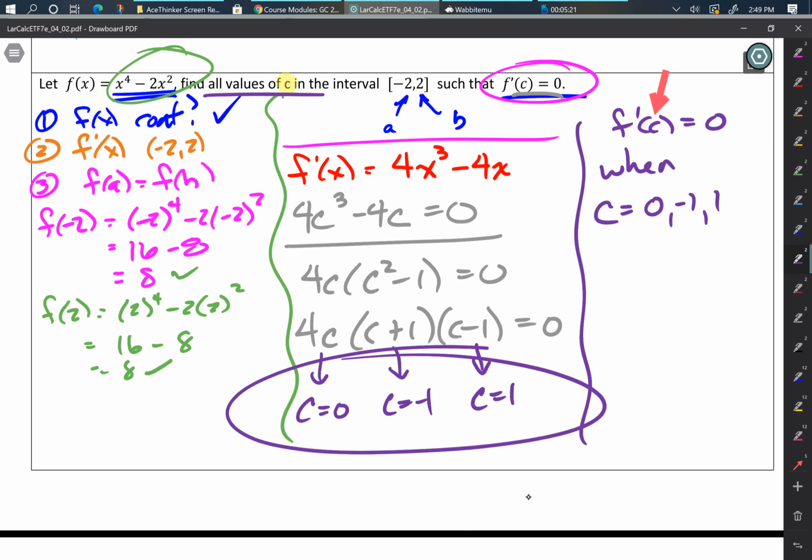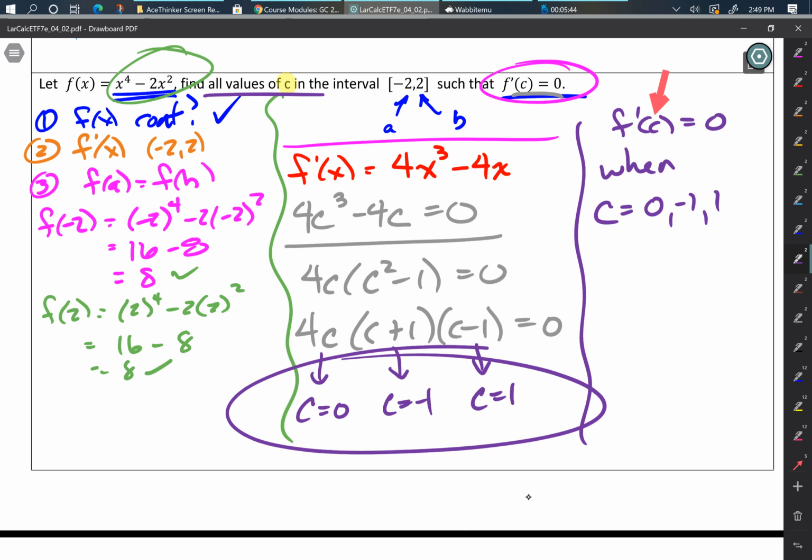Just in this problem right here, I'm dealing with a function f of x, I'm dealing with a function f prime of x, I'm dealing with a value for a, I'm dealing with a value for b, and I'm solving for values of c. And each of these different things means something different. I can't mix up my a's and c's because a's aren't c's. A is the left-hand point of the closed interval where this function is defined.